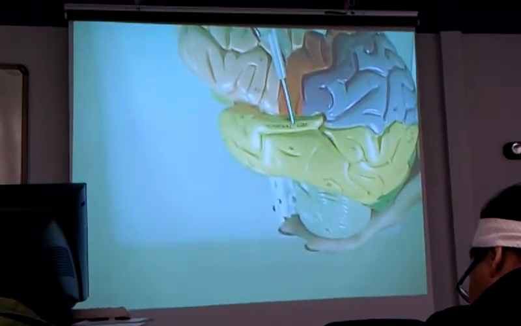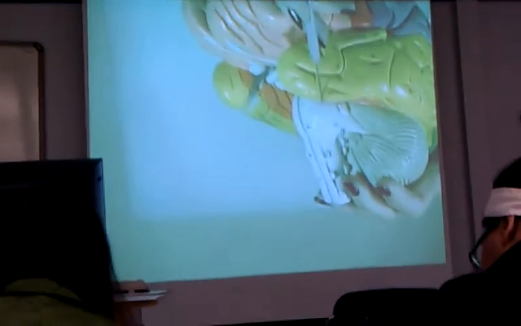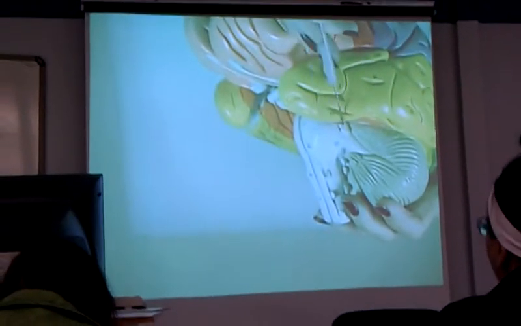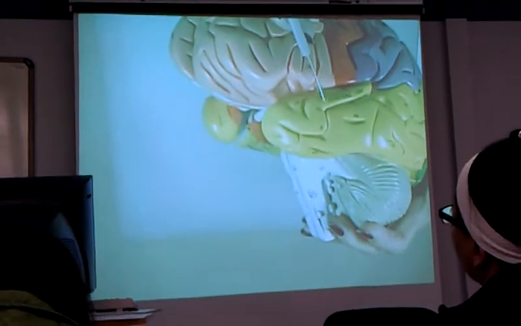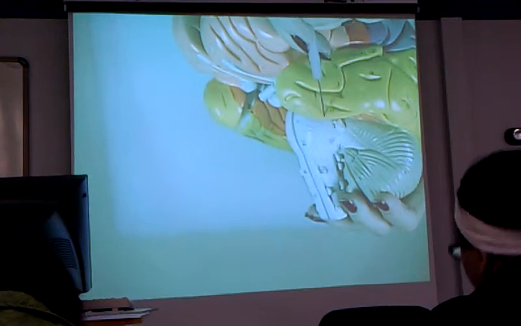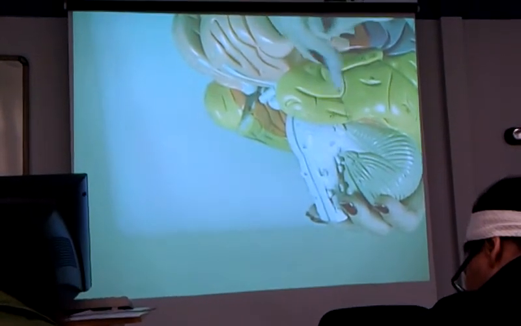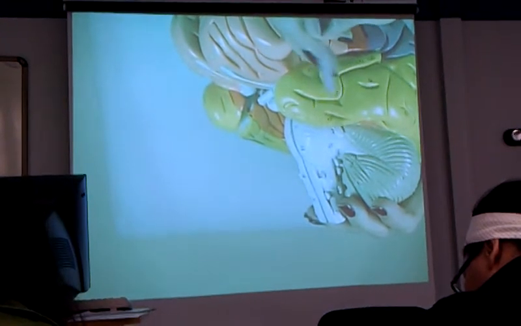And then we got the opposite, the inferior temporal gyrus. That's the raised area on the bottom of the temporal lobe. Sometimes the words make sense. Could you just say that again? Sure. Superior temporal gyrus, top raised area. Inferior temporal gyrus, lower raised area. It's on the bottom.